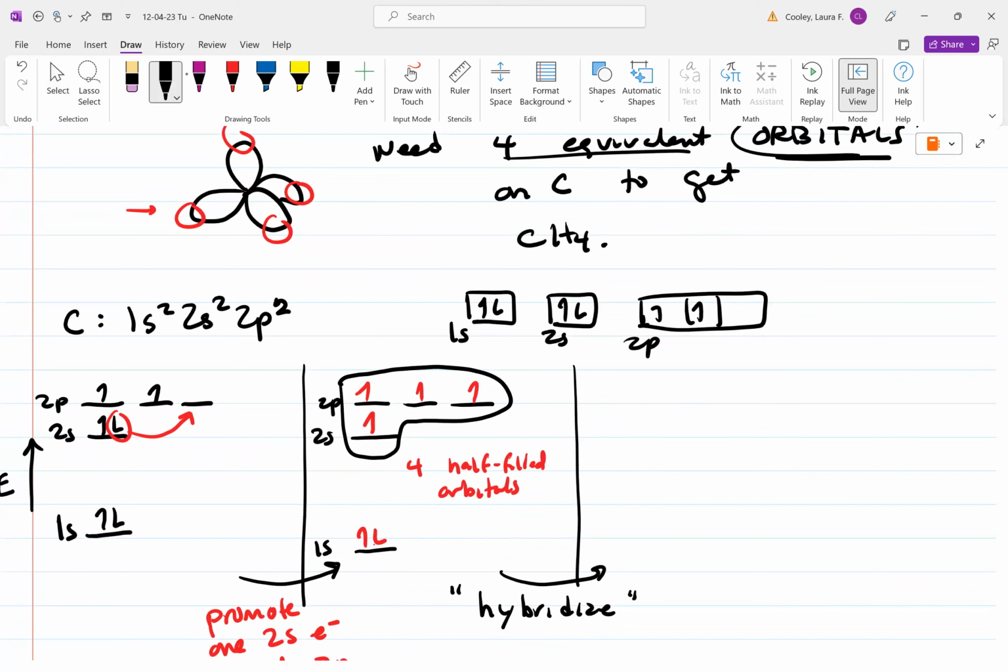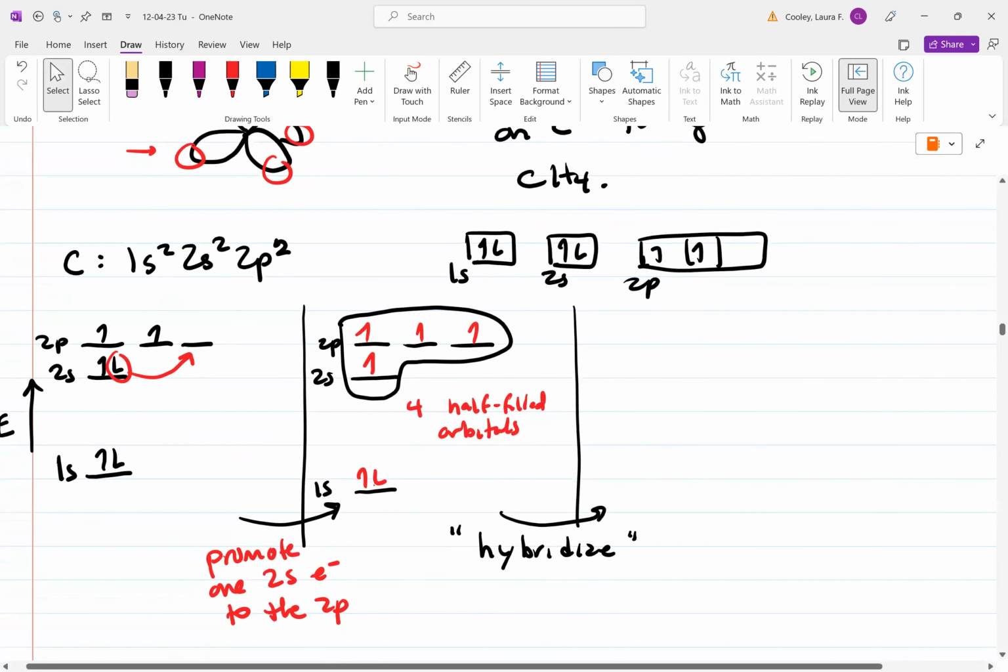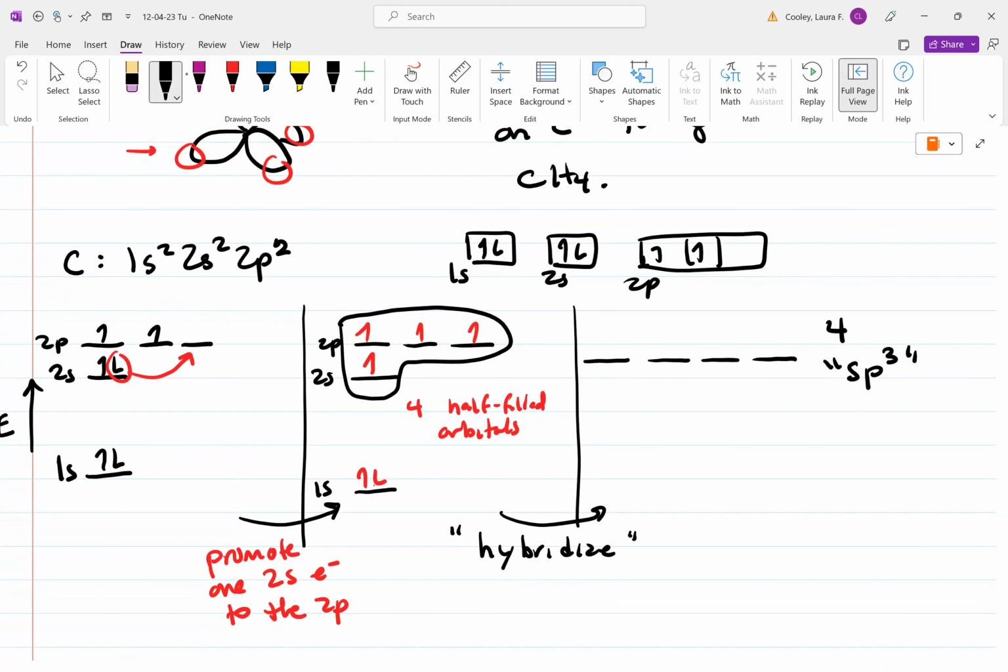We take 1 2s and the 3 2p's, and we combine them to make 4. We call them sp3 hybrids. Why are they called sp3, you might ask? Because it's like s1p3. They're each 1 part s and 3 parts p.